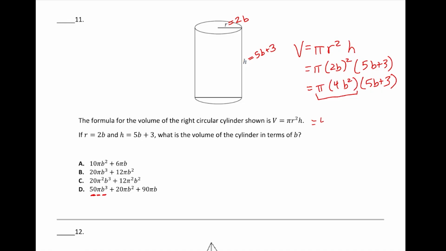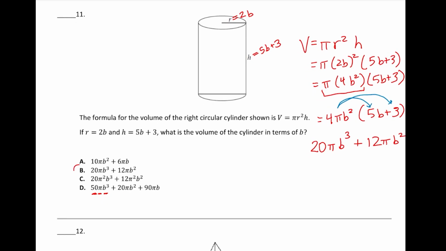So I'm going to rewrite that term as 4 pi b squared, and then distribute that to the 5b and the 3. So I'm going to use my distributive property and multiply this term by both 5b and 3. 4 times 5 is 20, and then we have that pi. B squared times b is b cubed. And then for the second term, I've got 4 times 3 is 12, so 12 pi b squared.